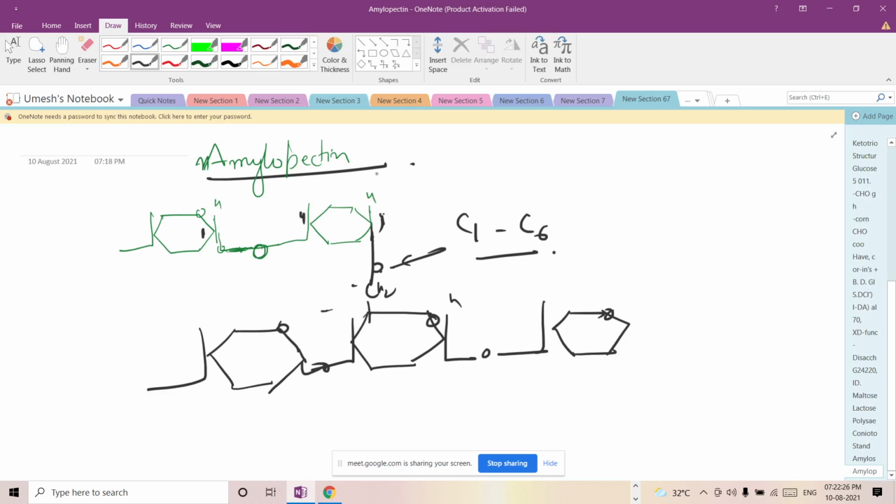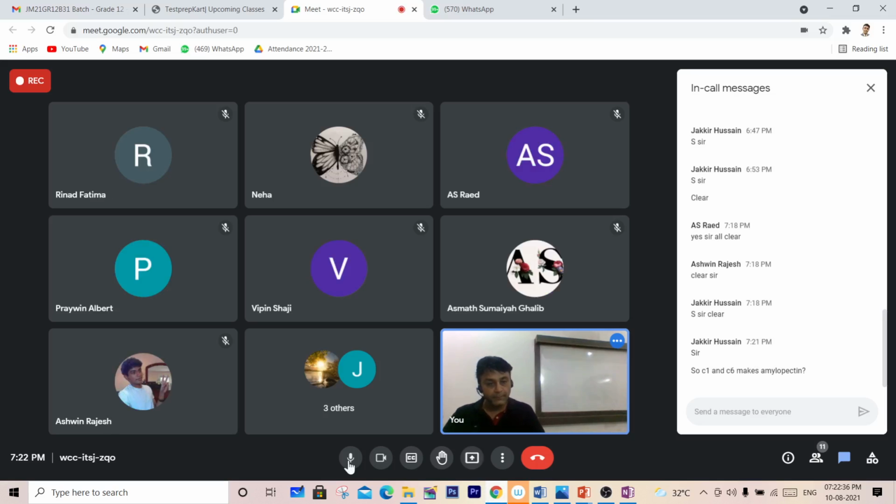Understood? Till now, any doubt? No, Zakir. I will say, long chain C1, C4, C1, C4, and at some point C1, C6. That branch structure will give you the amylopectin. Right, Zakir? I'll show you once again.